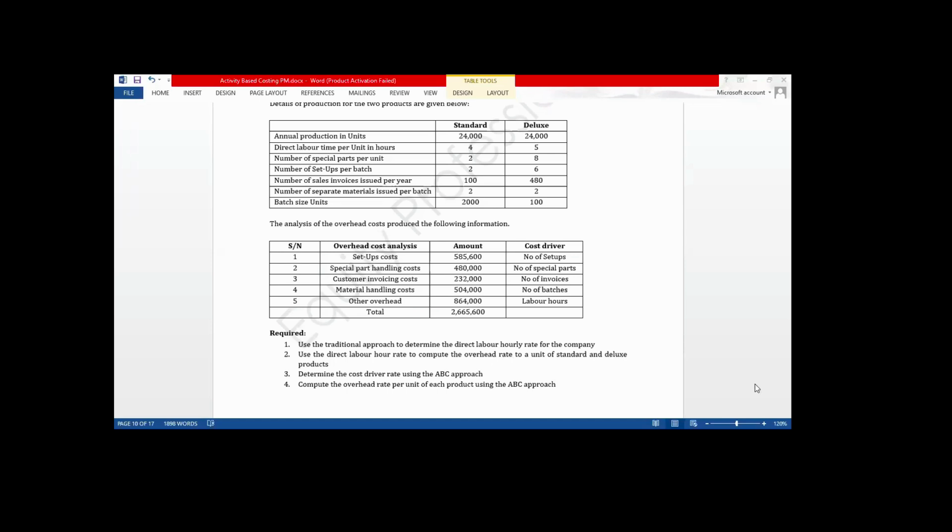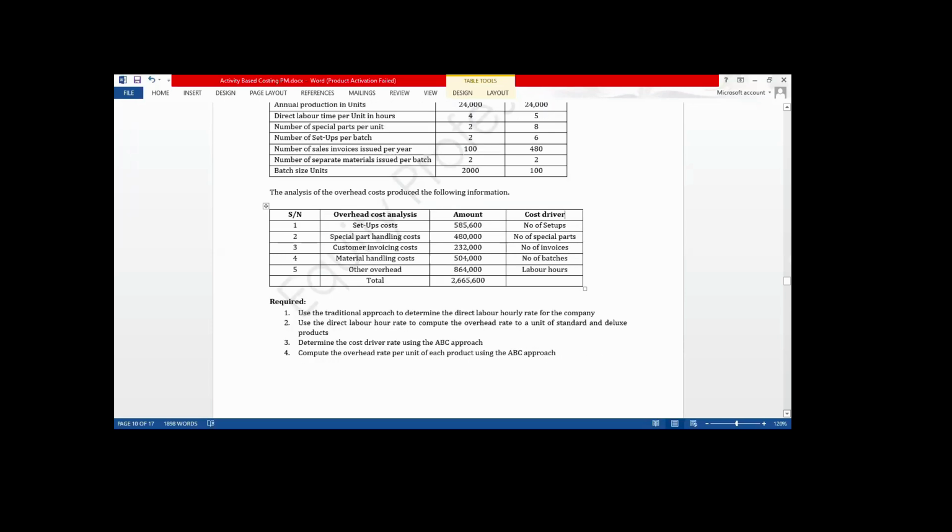Requirements. A: Use the traditional approach to determine the direct labor hourly rate for the company.